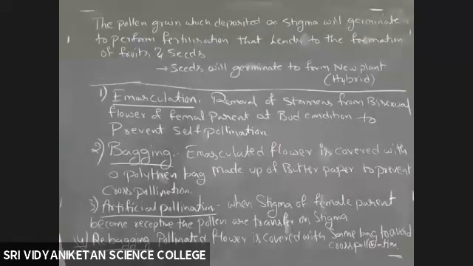Do you understand this one? So up to here we stop, and in the next class we continue with the fertilization process, embryo development, endosperm development, and remaining concepts. Now if you have any doubts from this topic, you can ask.